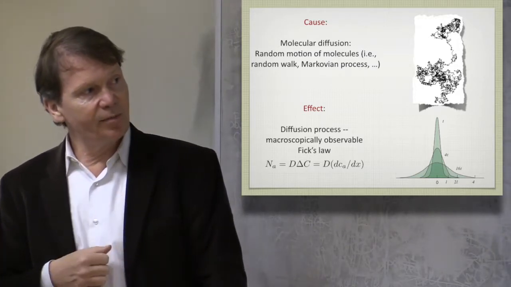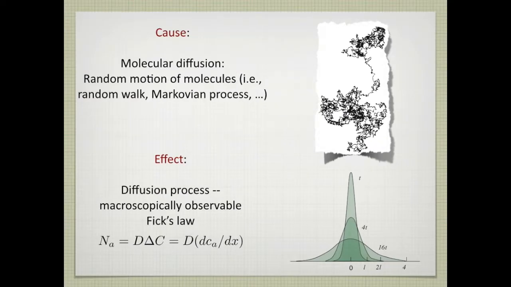In that case, we may have a probability distribution to deal with, like the one shown at the bottom, where the molecule starts at point 0 at time 0. Then we try to calculate the probability of where it is at some time later. And we get this distribution function that broadens with time as it has a chance to move further away. But still, it's always most likely that it's exactly where it started, interestingly enough.